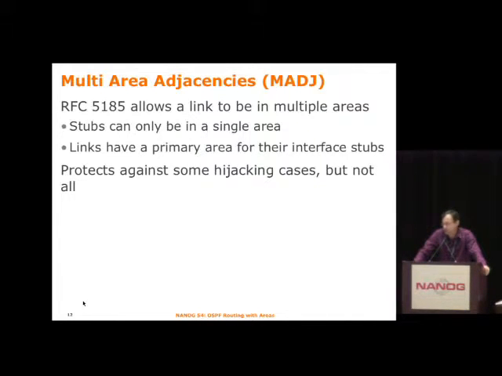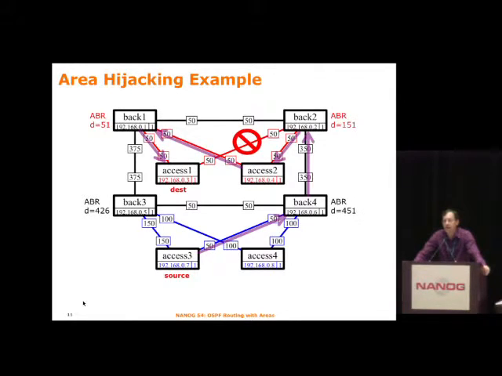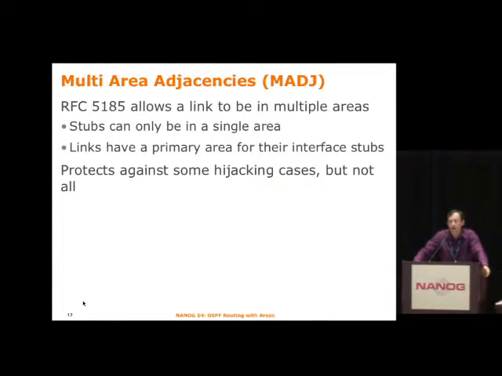And so one of the ways to address it would be if the link between back 1 and back 2, or if you had a parallel link, was in the red area, then it would be able to use that for its route. That creates a problem with trying to create lots of extra parallel links. And so RFC 5185 allowed configuration of a link to be in multiple areas.